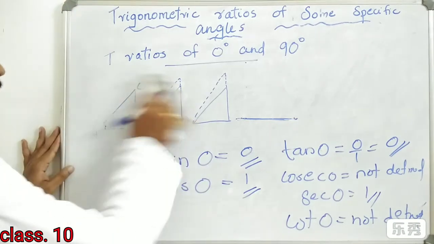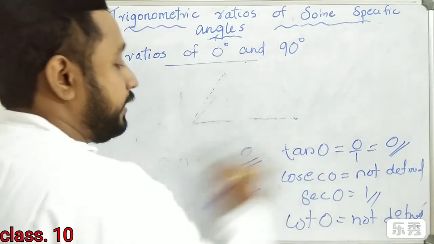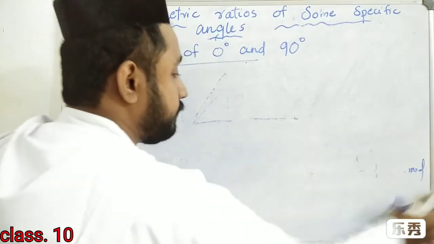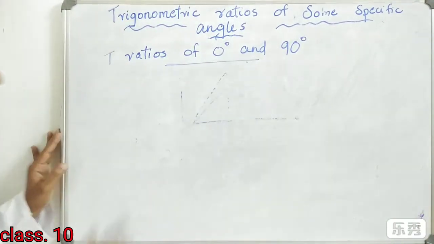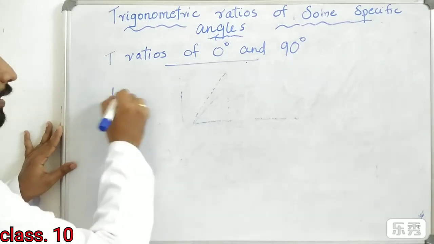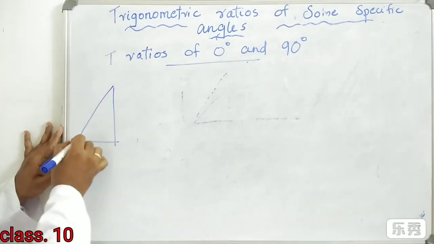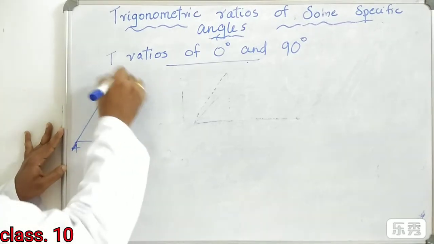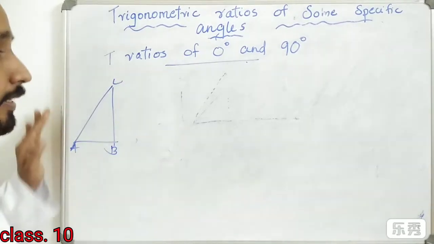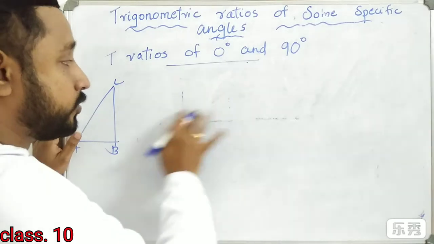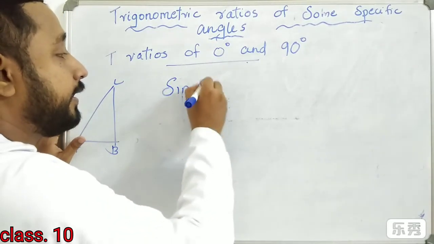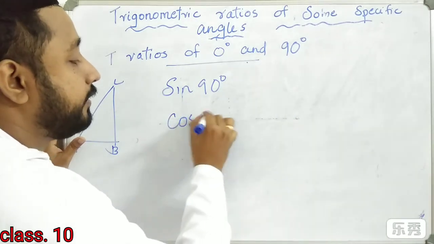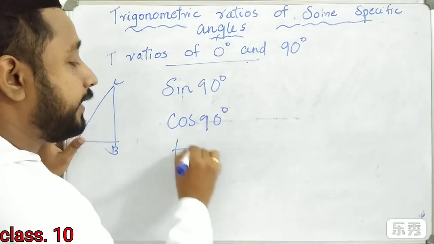Now we are going to consider 90 degrees. This angle becoming 90 degrees means the angle ABC in triangle ABC is going to be 90 degrees. That means you have to study 90 degree angles also: sin 90 degree, cos 90 degree and tan 90 degree.